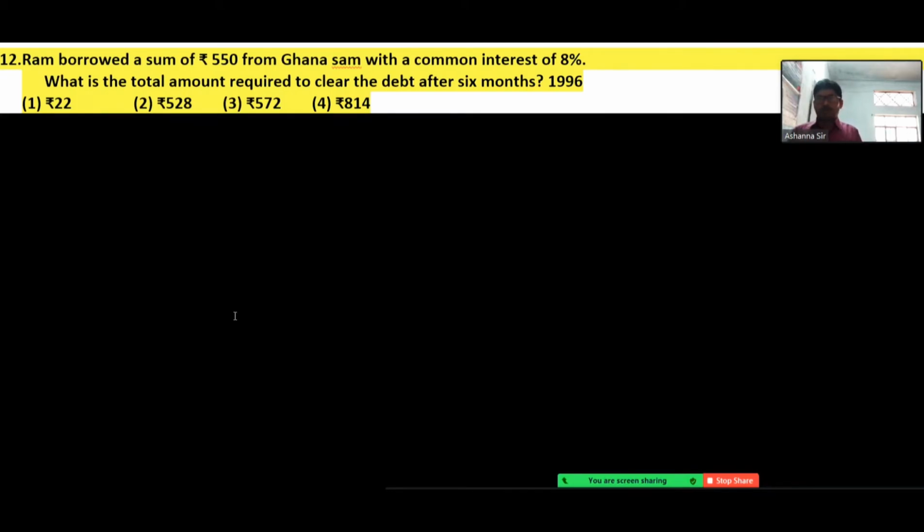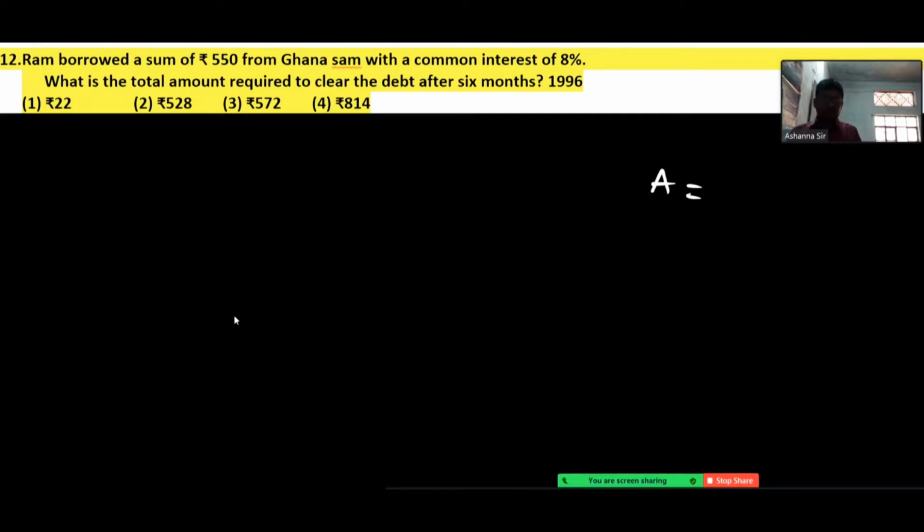12th one. Ram borrowed a sum of 550 rupees from Ghanshyam with a common interest of 8%. What is the total amount required to clear the debt after 6 months? Here we have to find amount.